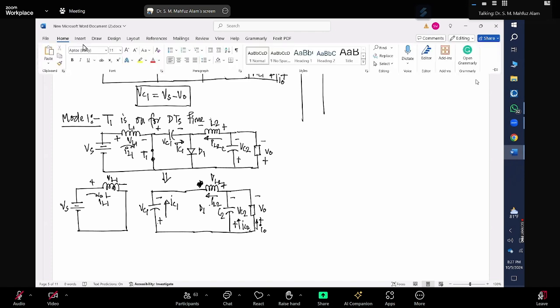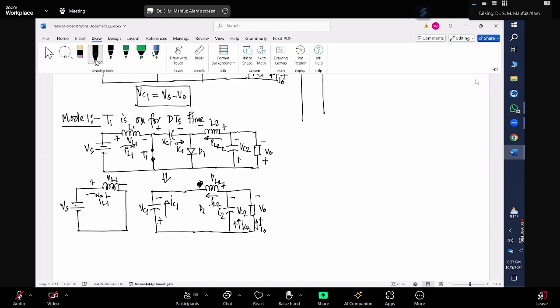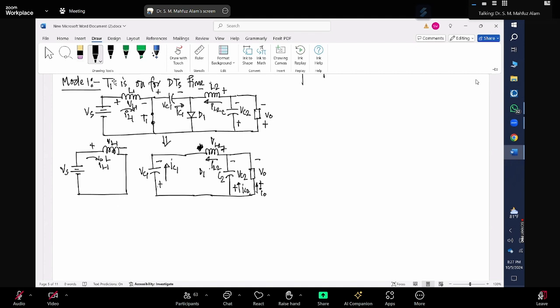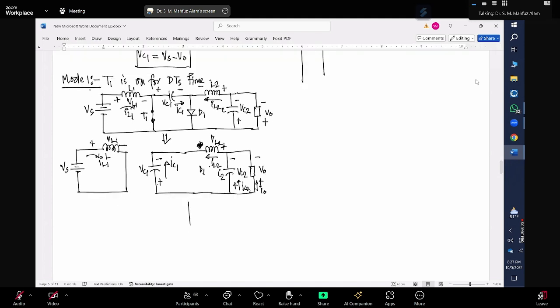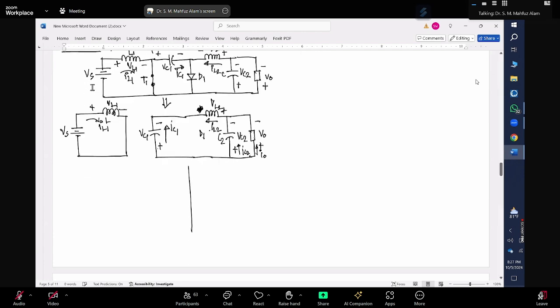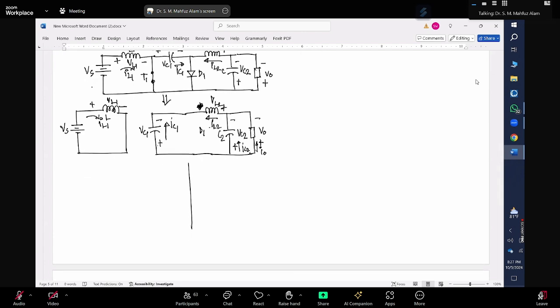Now if I want to derive the equation for the voltage and current of the inductor, what should be the voltage across the inductor? VL1 should be equal to Vs, right?